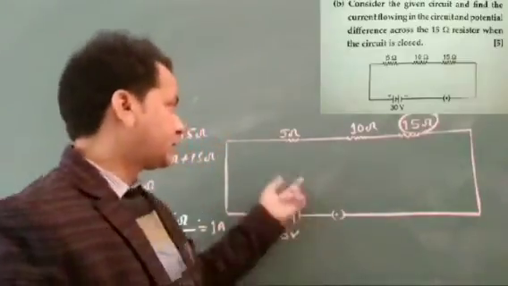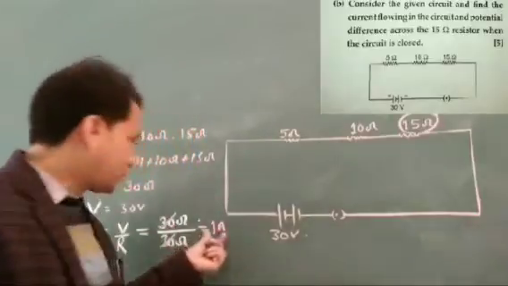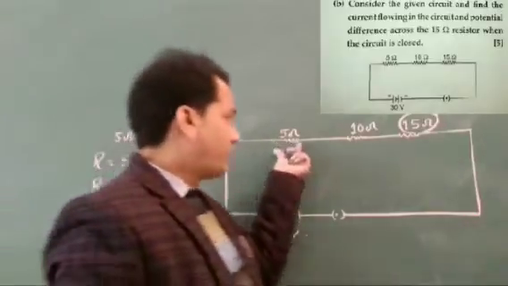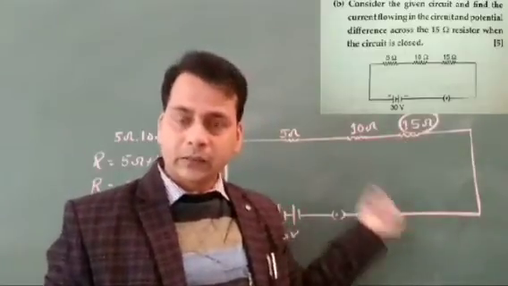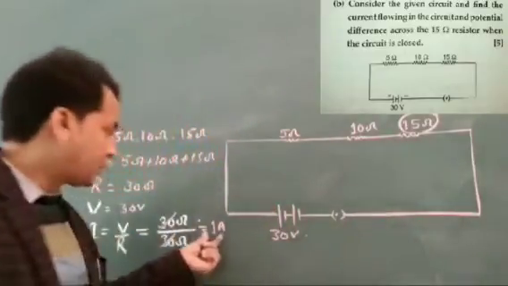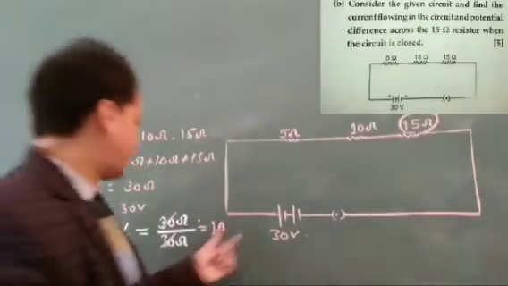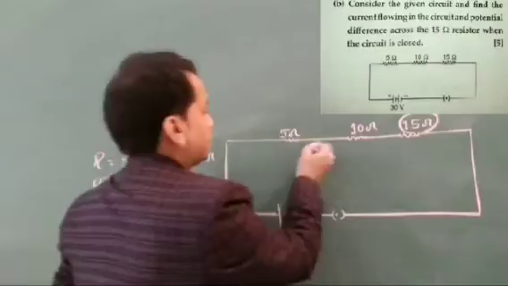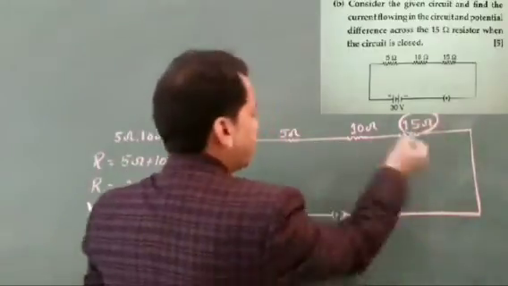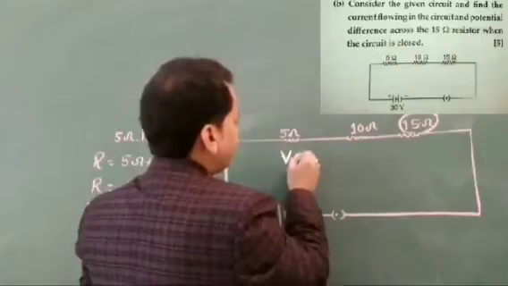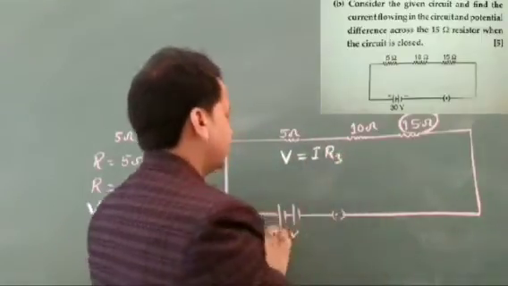Let us see. It is clear that the current flowing through the 5 omega, 10 omega and 15 omega resistors is the same, that is, the electric current of 1 ampere. So the potential difference across the 15 omega resistor is V equals I into R3.